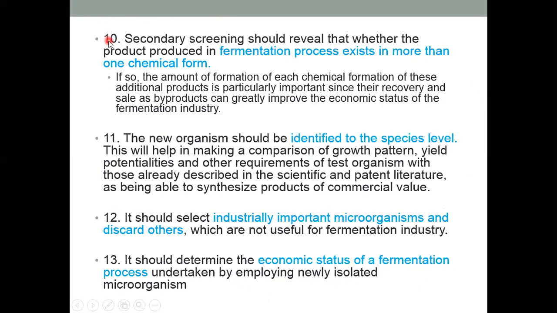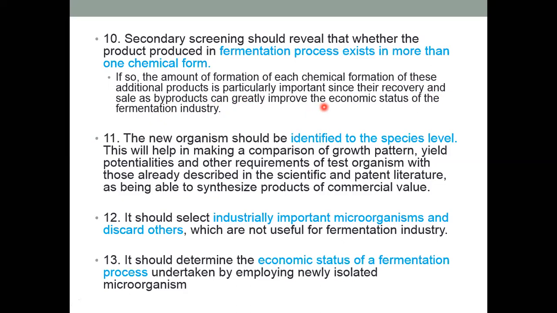Point number 10 is that secondary screening should reveal whether the product produced in the fermentative process exists in more than one chemical form. Now, why is this important? The amount of formation of each of those additional products is particularly important since their recovery and sale as byproducts can greatly improve the economic status of the fermentation industry. Now, the thing is, does it exist in more than one chemical form?